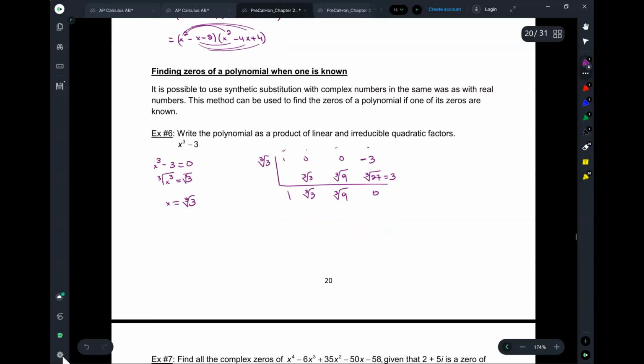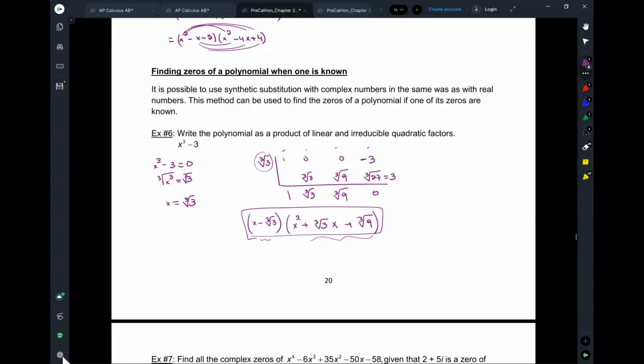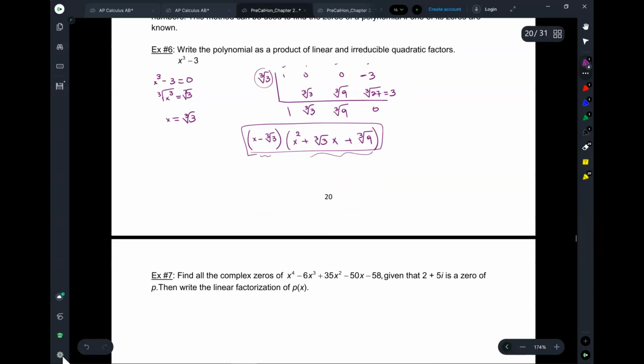So what I have now is x minus cube root of 3, and then 1x squared plus cube root of 3x plus cube root of 9, okay? And this is the irreducible quadratic factor with the linear factor. So this entire thing is the factored form of x cubed minus 3, right? Who says we couldn't have irrational coefficients? Okay, so we did one with irrational numbers.